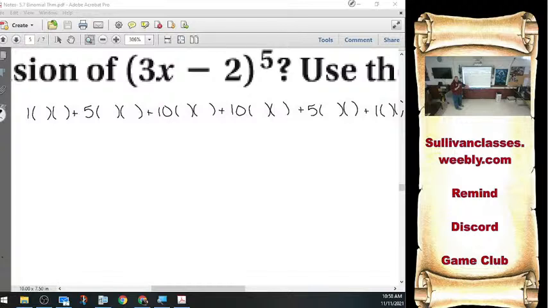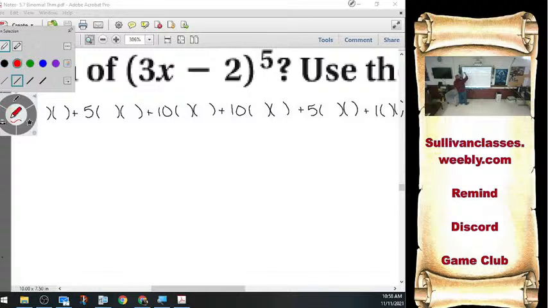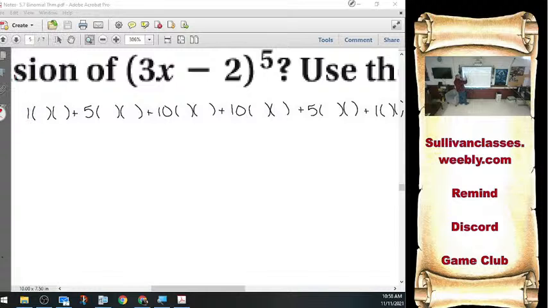And they just start getting smaller and smaller. So, okay. So I have to recognize that's a 3x to the 5th, a 3x to the 4th, 3x to the 3rd, 3x squared, 3x to the 1st, 3x to the 0.